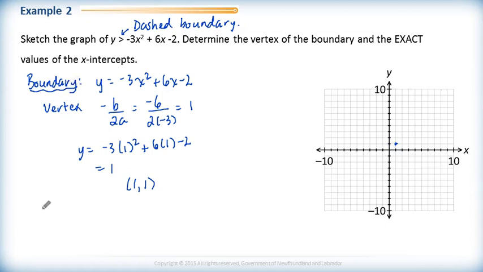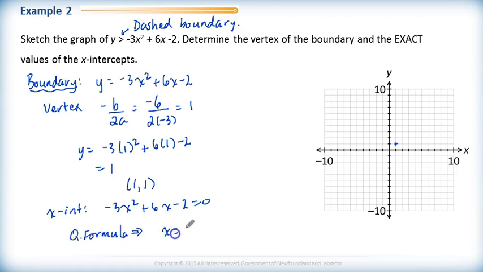Now the x-intercepts of the boundary. The x-intercepts occur when we make negative 3x squared plus 6x minus 2 equal to 0. That one does not factor very nicely, so we're going to have to use our good friend, the quadratic formula.